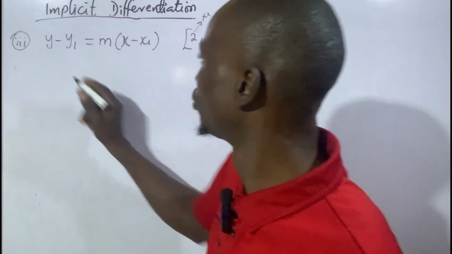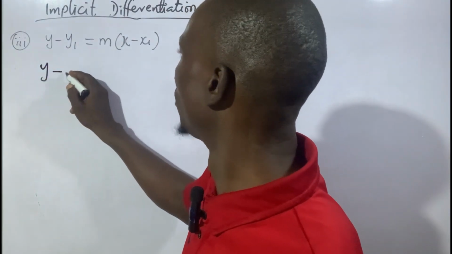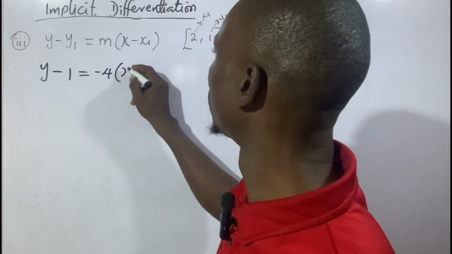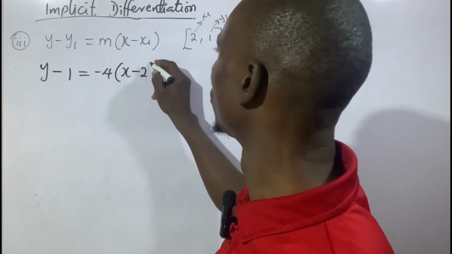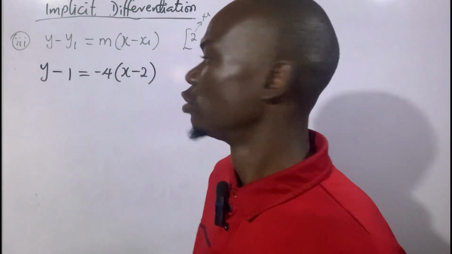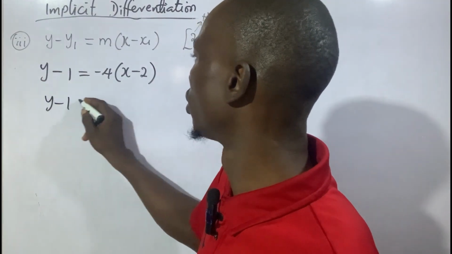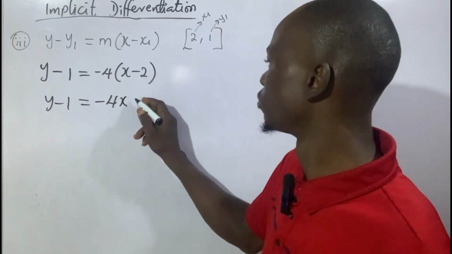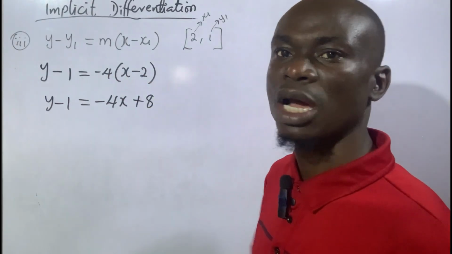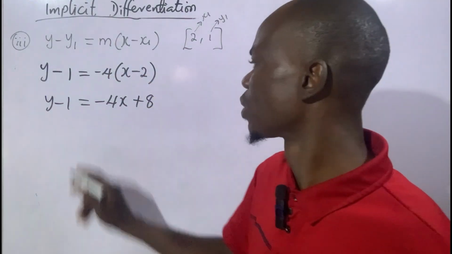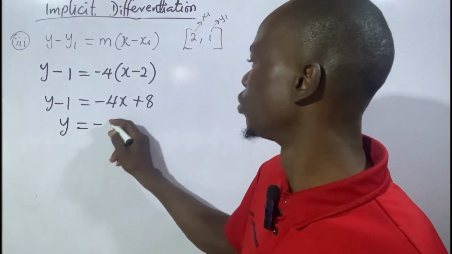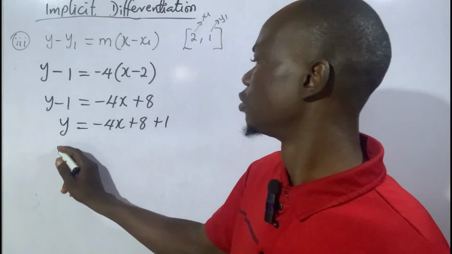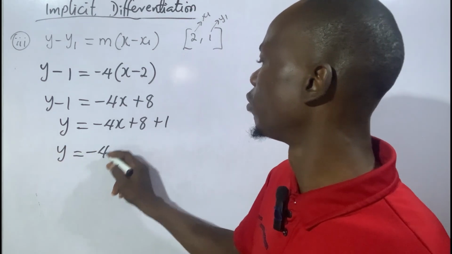So if I substitute here, I'm going to have y minus 1 equal to minus 4 times (x minus 2). So this is y minus 1 equals minus 4x plus 8, because minus 4 times minus 2 is plus 8. I want to make y the subject of the formula, so y will be equal to minus 4x plus 9.